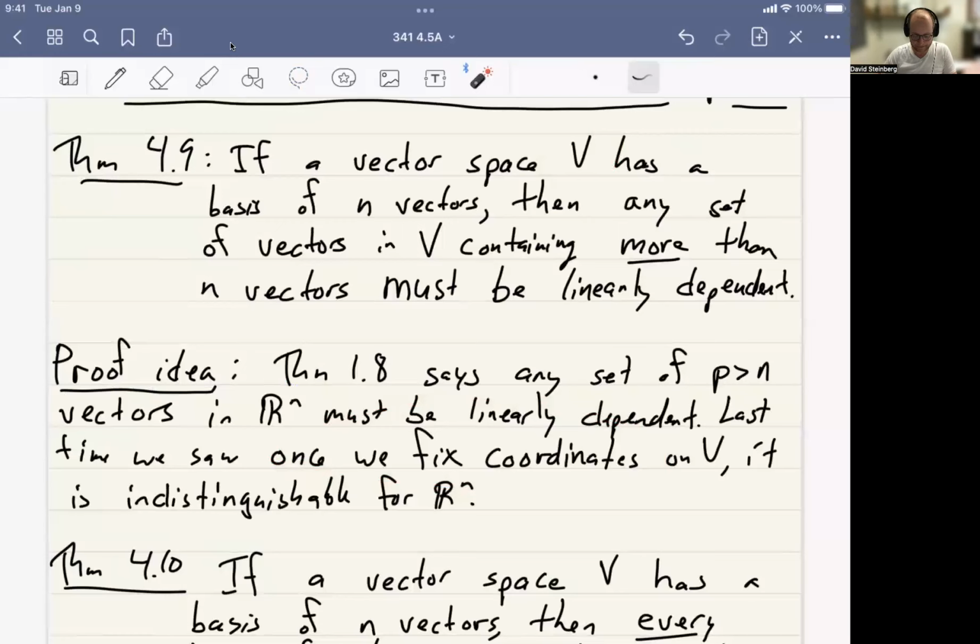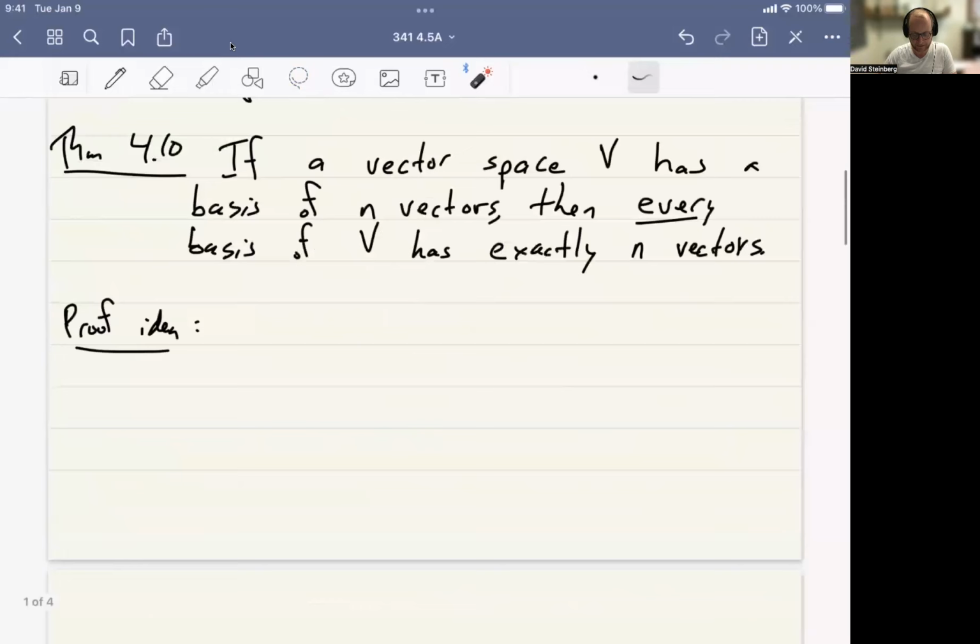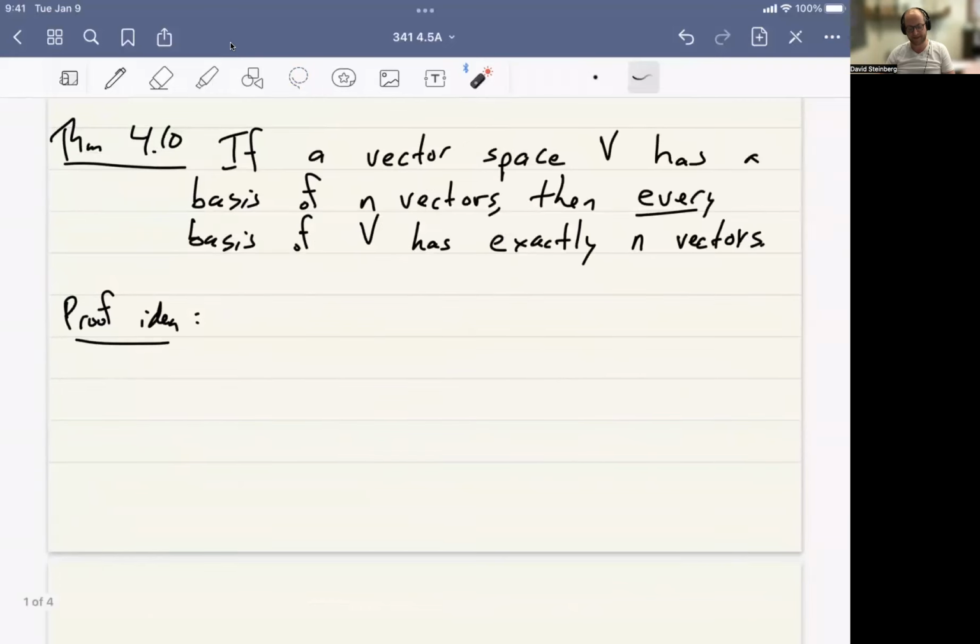Okay, and we'll hit you with another theorem. If a vector space V has a basis of n vectors, then every basis of V has exactly n vectors. What's the idea here?